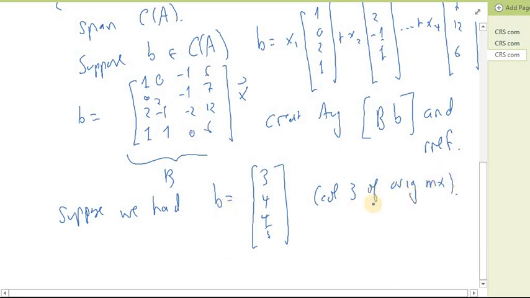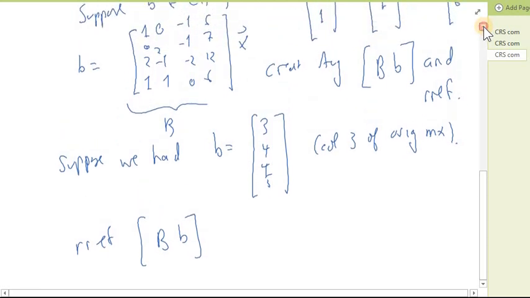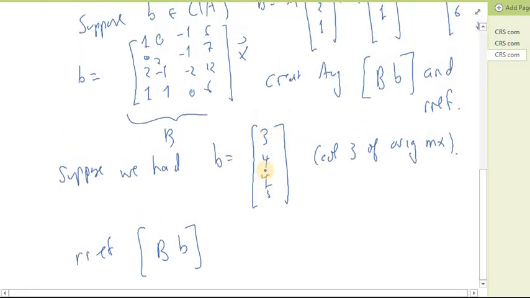Then we would take the RREF of B augmented with b. That's just what I said: if I want to find this vector as a linear combination of these 4 vectors, I take the matrix formed by these 4 vectors, augmented by this vector, and take the RREF.